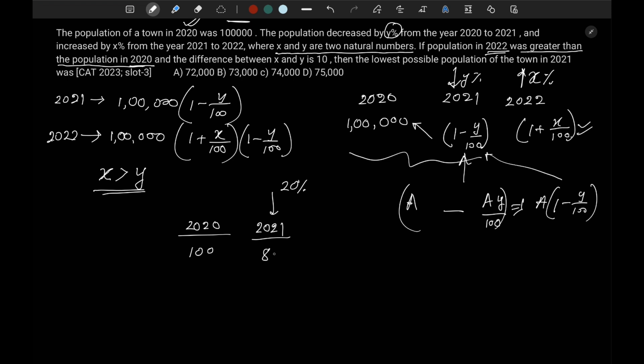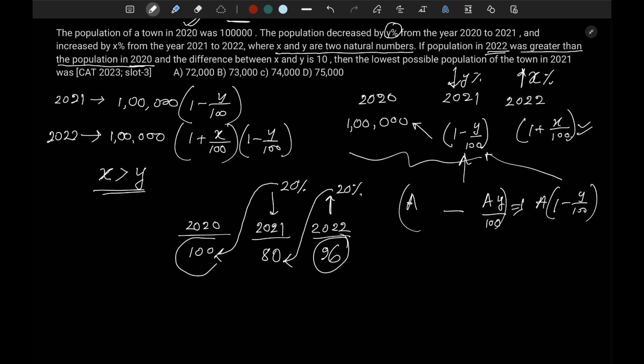What will happen? The population will be 80. And in 2022, let's say it went up by 20%. We will have this 20% on this smaller value, but previously we had 20% on this larger value. So 20% of 80 is 16, and if it goes up by 16, then it will become 96. You will see that 96 is less than 100, right?